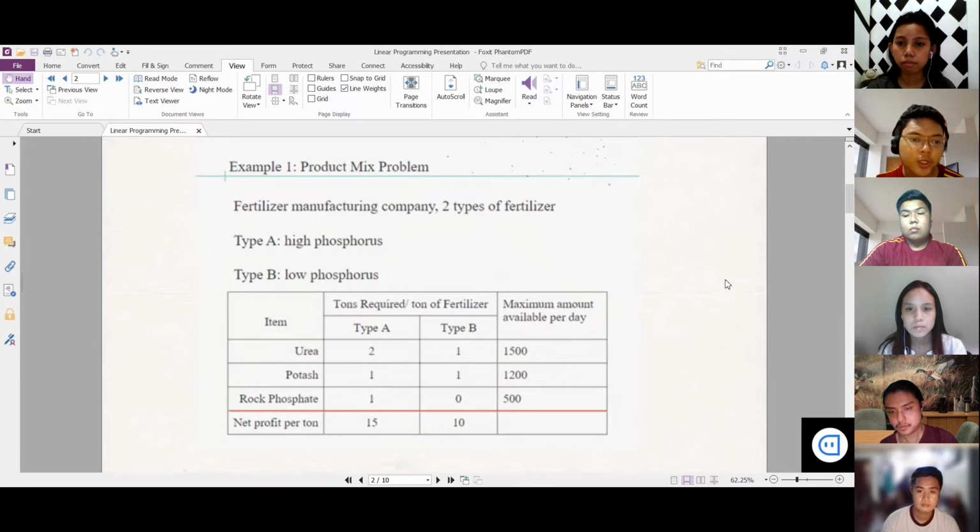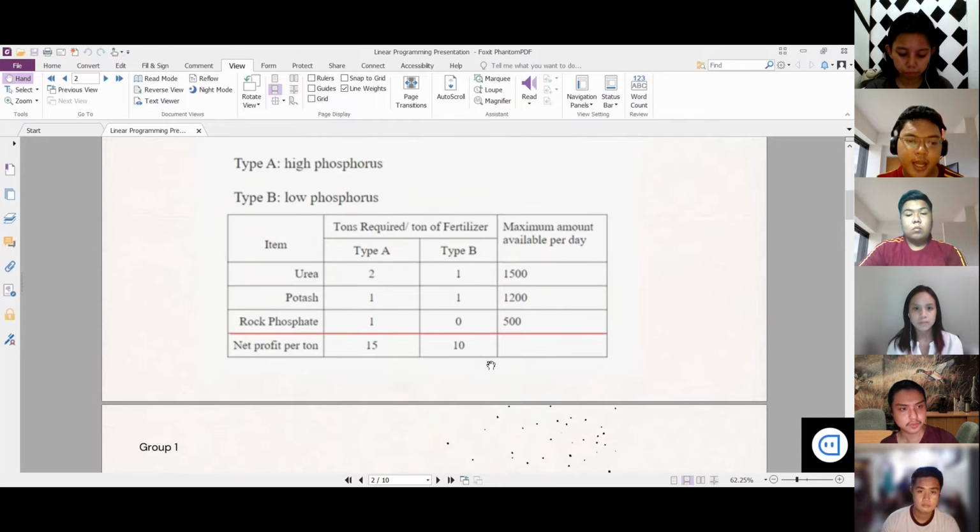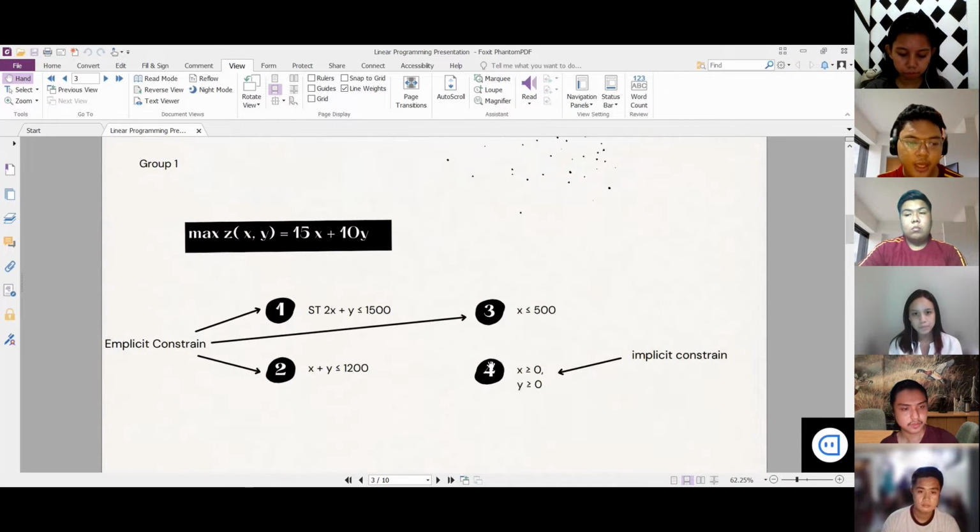So in order for us to graph and analyze the linear programming problem, first we must identify the decision variables in the table, which are x tons and y tons.